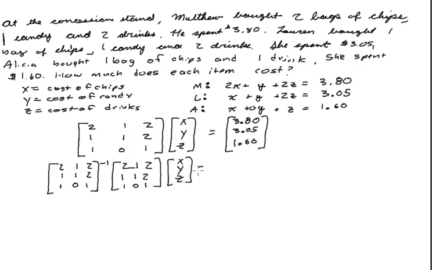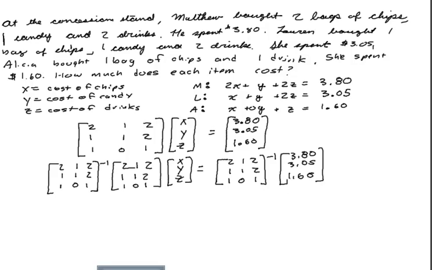Now notice I multiplied by the inverse matrix in front, and so I have to multiply by the inverse matrix in front here because matrix multiplication is not commutative. So I'm going to multiply this by 2, 1, 2, 1, 1, 2, 1, 0, 1 inverse times 3.80, 3.05, 1.60.